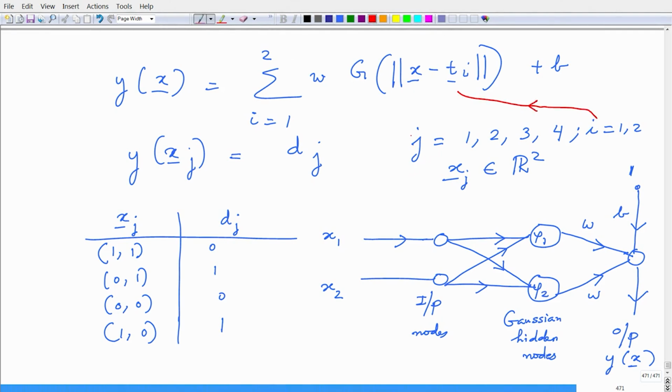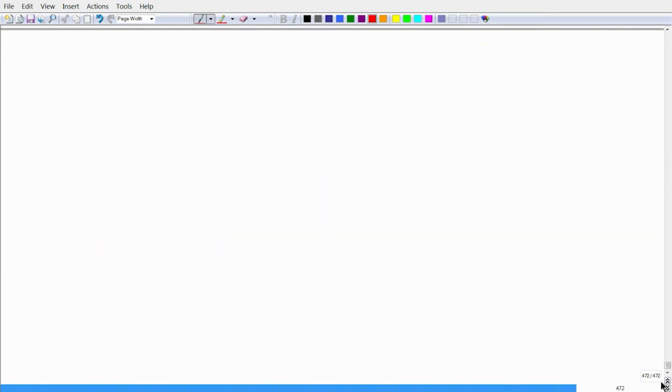Now, what I can form is my Gram matrix. You can imagine this to be a 4 by 2, plus I augment it for the bias, so there are 1s in the last column.